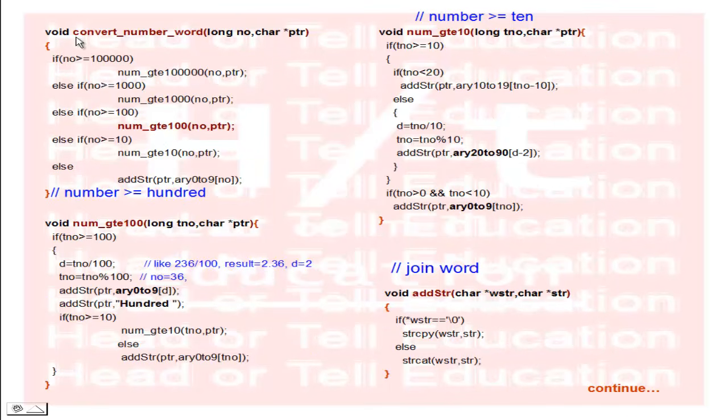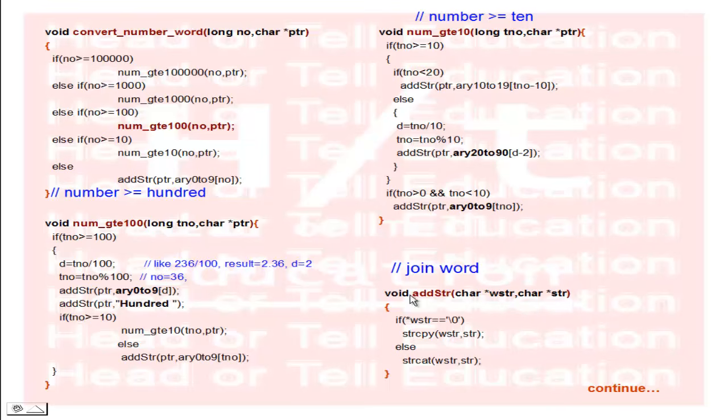So I have created a function here, convert number to word, which takes a number and one character pointer. Okay, now this is the same as this. Okay, num_gte100 means greater than or equal to 100. So these are names related to the functions, same like num_gte10 means greater than or equal to 10.